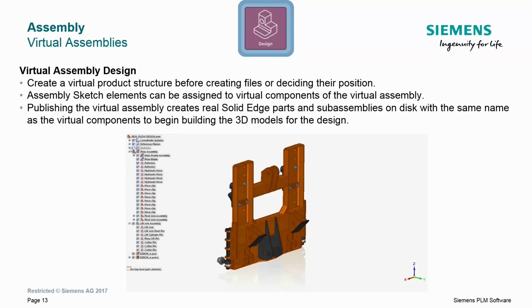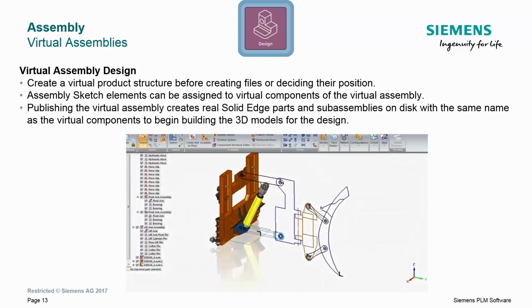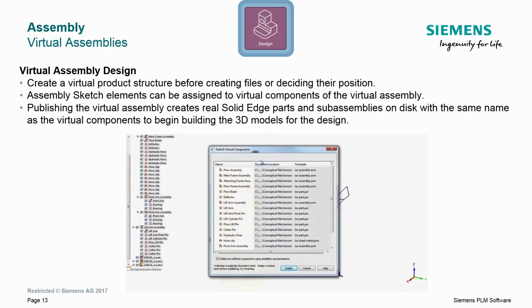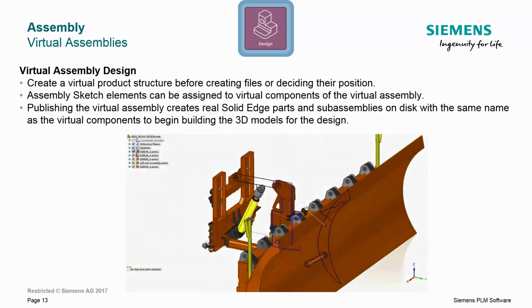And once the assembly structure is the way that you want it, simply publish the virtual parts list to create the actual part files with associated sketches or components already placed within. This unique hybrid 2D-3D design approach provides engineers a means to quickly create virtual product structures during a design concept and then publish the virtual parts into 3D designs. Just another way Solid Edge allows you to design more efficiently.